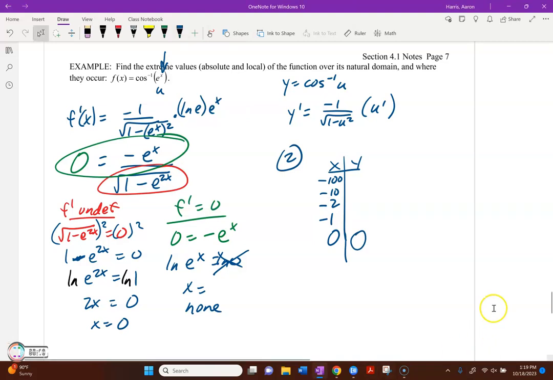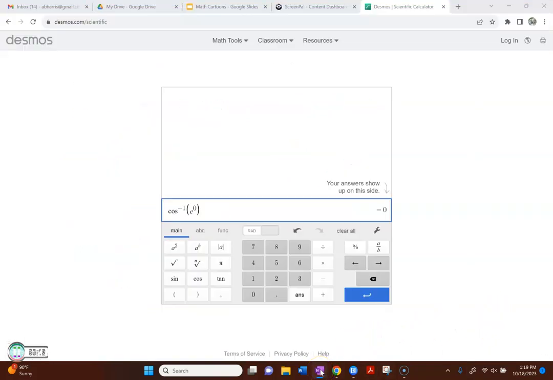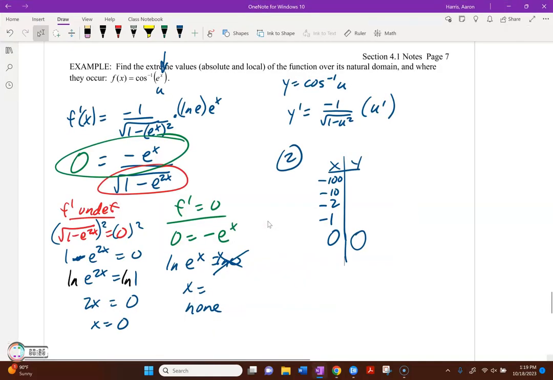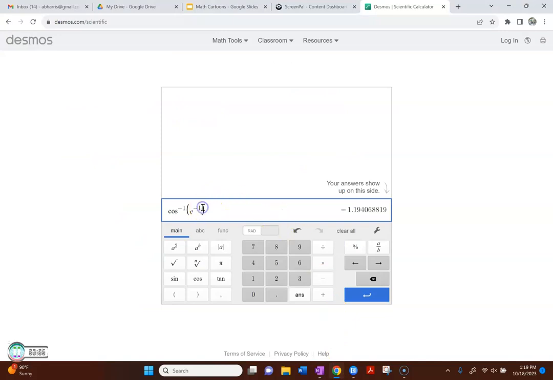Let me throw in negative 1. That's .19. Put in negative 2. Then I'm going to put in negative 10. See how that's 1.57.